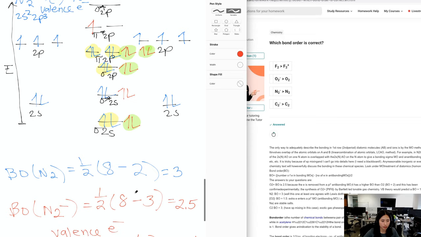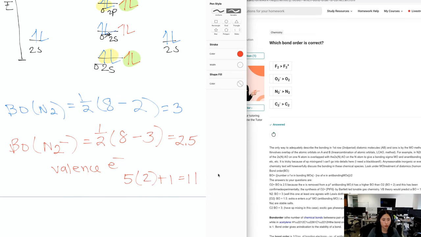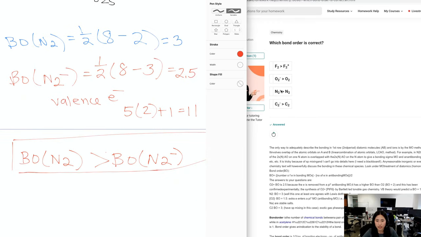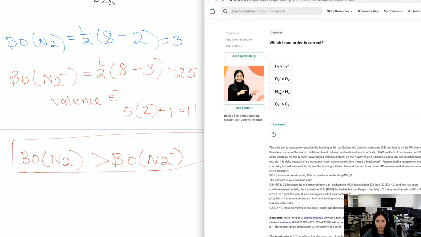Okay, that's it. And then we have N2 and N2 minus for your bond order. So bond order of N2 is actually greater compared to N2 minus. So they're saying that bond order of N2 minus is greater compared to bond order of N2.